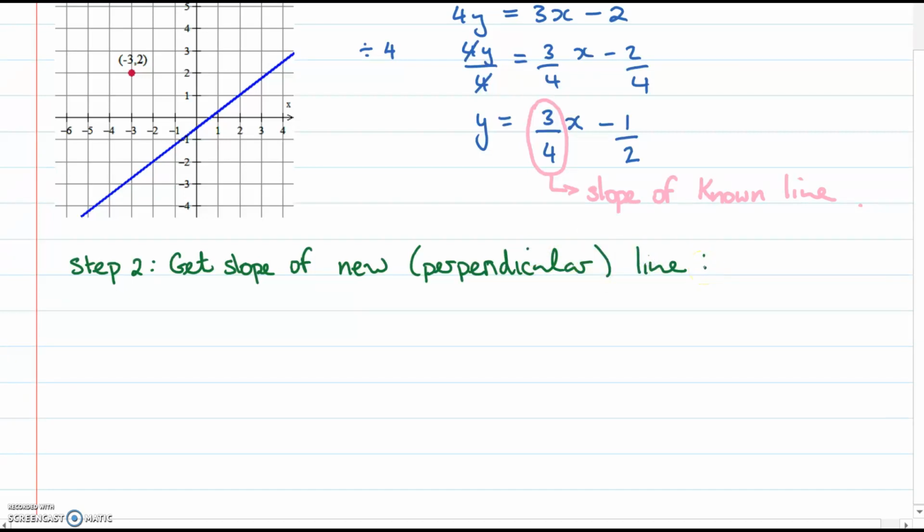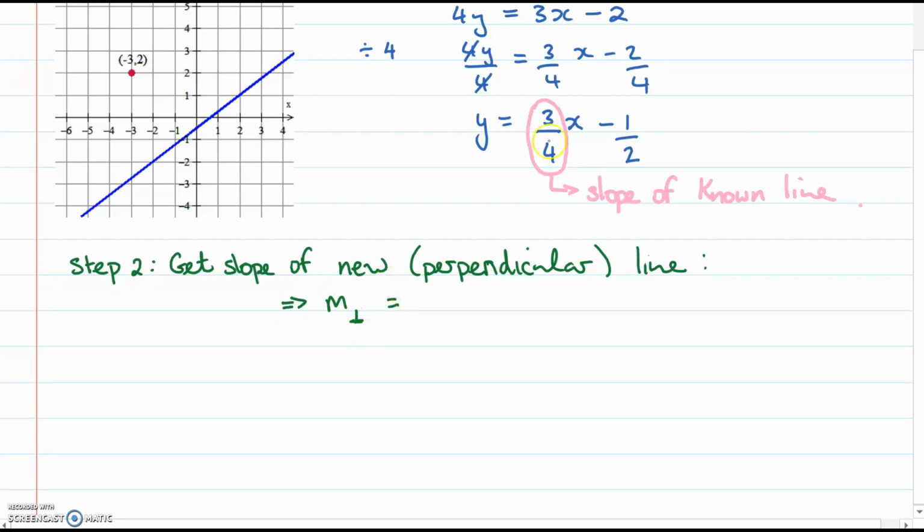The way you get the slope of a perpendicular line is you turn the slope of the original line upside down and you change its sign. So 3/4 is going to become, we're going to write this as m with that little perpendicular sign, m perpendicular, the slope of the perpendicular line.